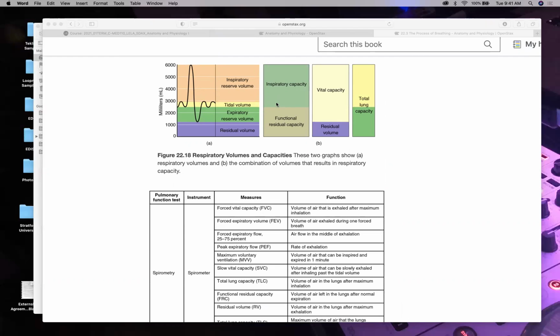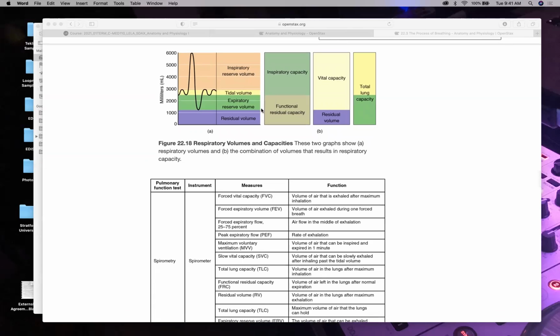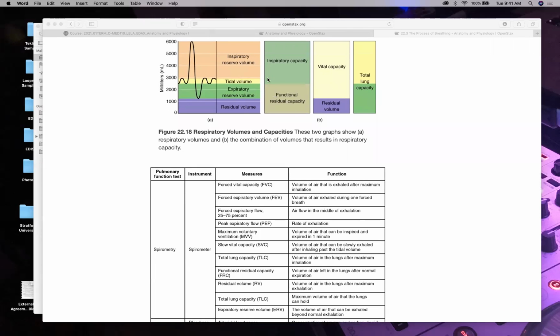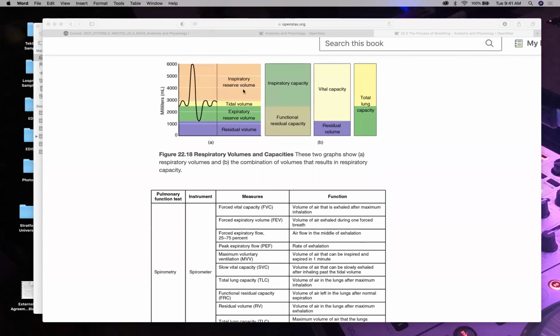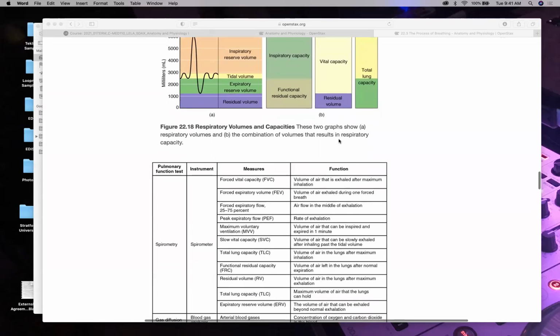But for the future, this is a classic NCLEX and MCAT question. If you're taking the Medical College Admission Test or your NCLEX, they always ask you about volumes. They'll ask, if there's a 1 liter decrease in IRV, which of the following capacities would be affected? A, inspiratory, B, vital, and so on.